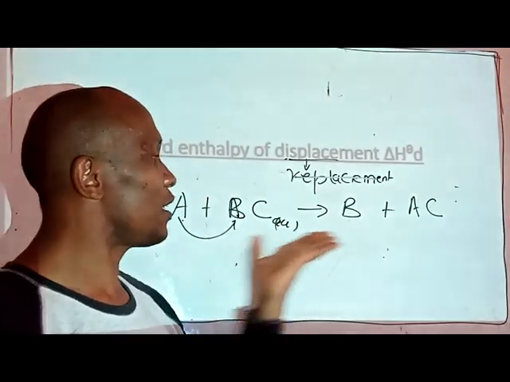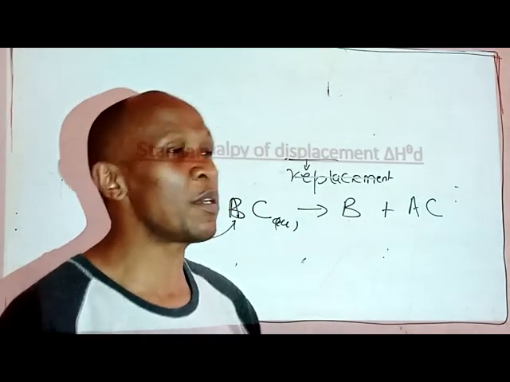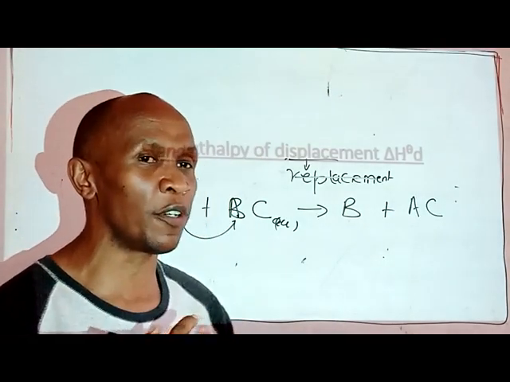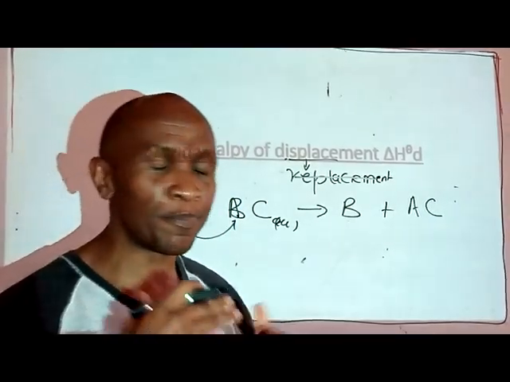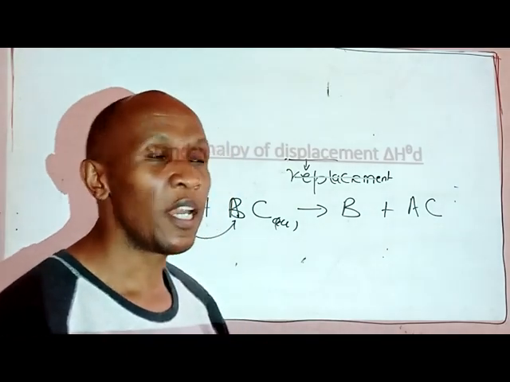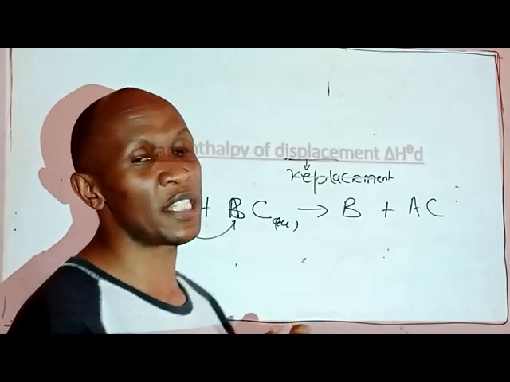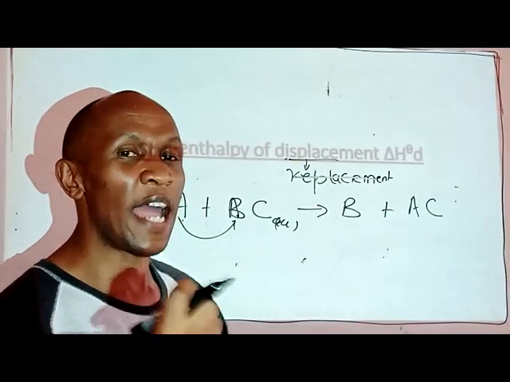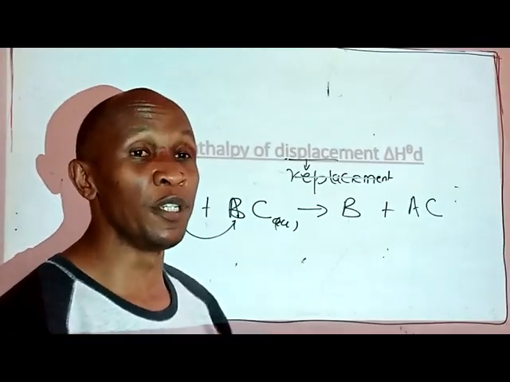Now, and this one is for a metal. Now, I've come across another displacement reaction that depends on volatility. Now, when you did the chemistry of hydrogen chloride, how did you prepare hydrogen chloride? By displacing it from its salt using sulfuric acid, because hydrogen chloride is more volatile than sulfuric acid.